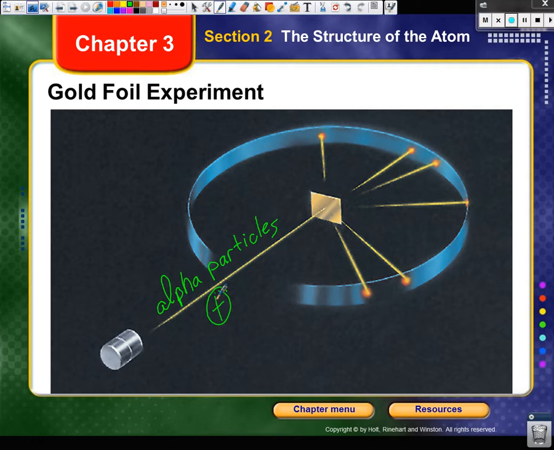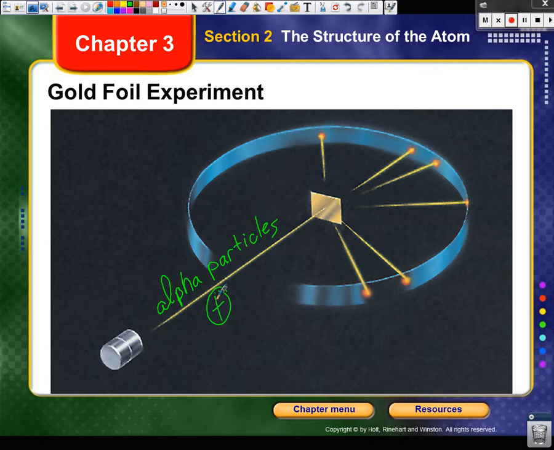Well, now that I've told you what he did and what he discovered, again, what did he discover? The nucleus. He shot positive particles. So, using your brain, why do you think that positive particles would either deflect or bounce back when they hit that gold foil? They don't attract.